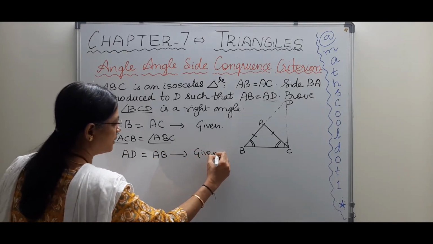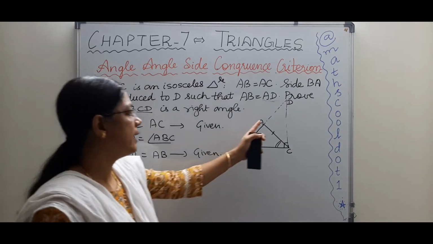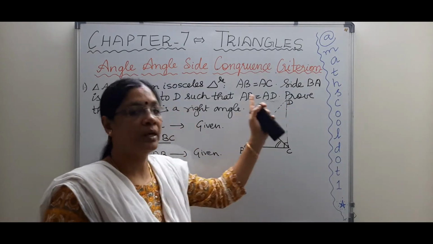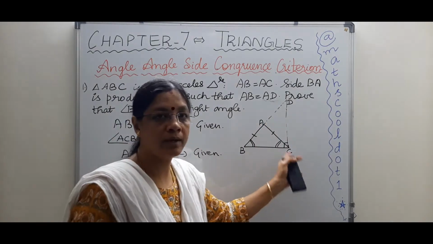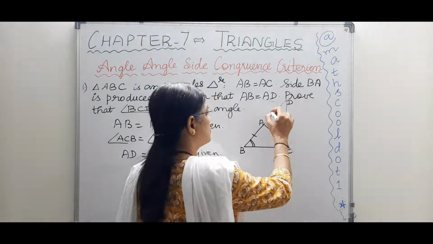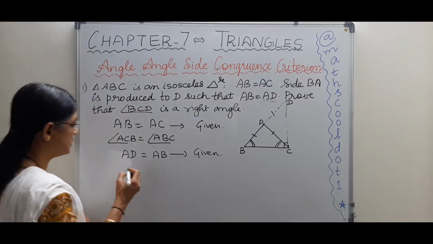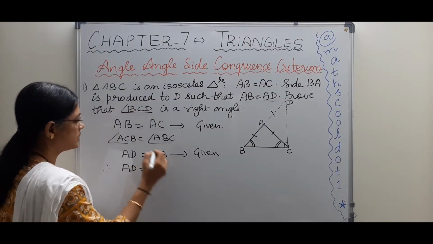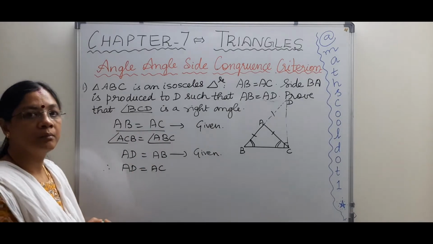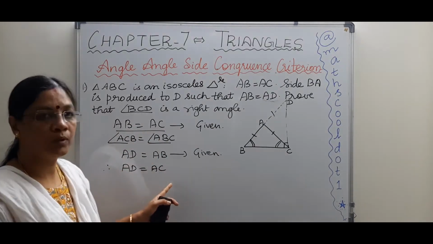Since AD is equal to AB, and AB is equal to AC, we can say AD is also equal to AC. Therefore AD is equal to AC.